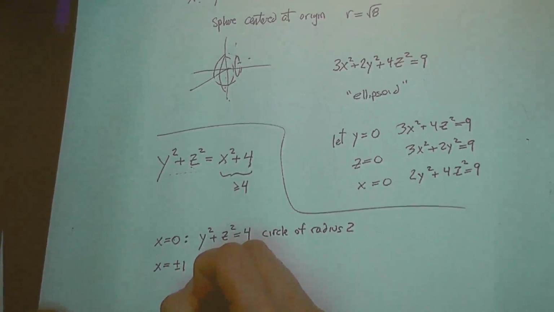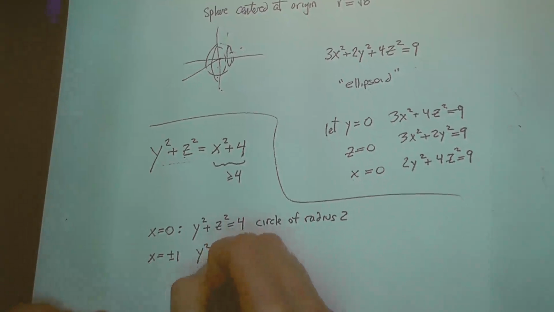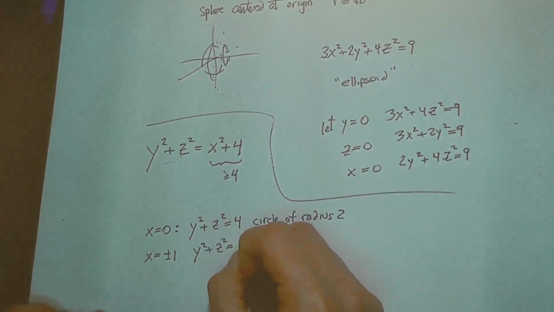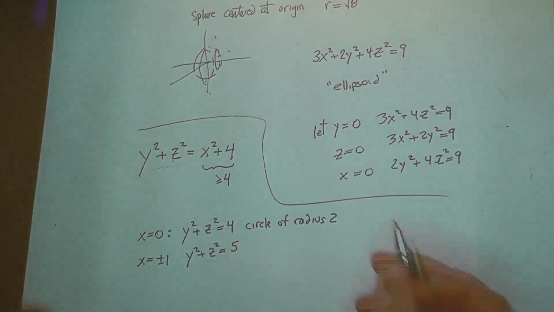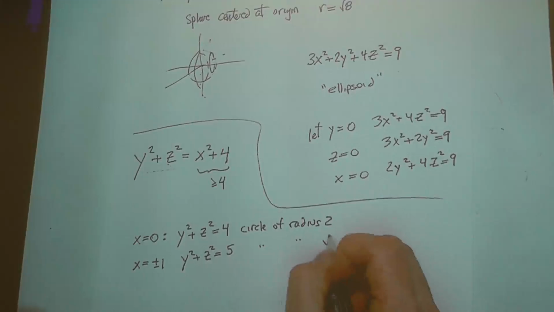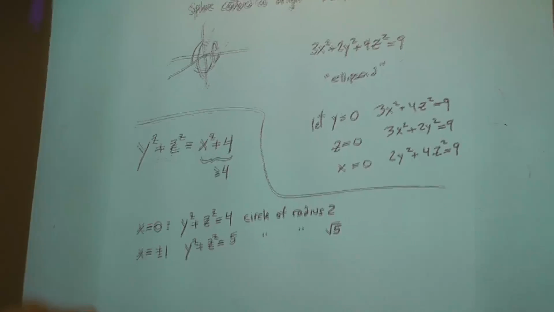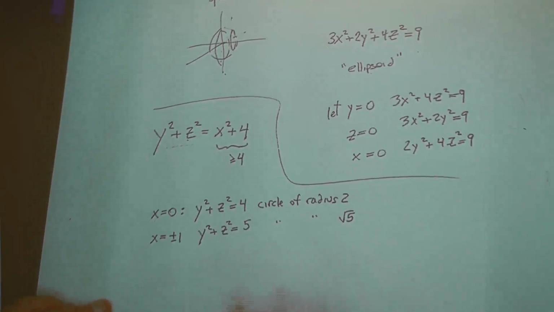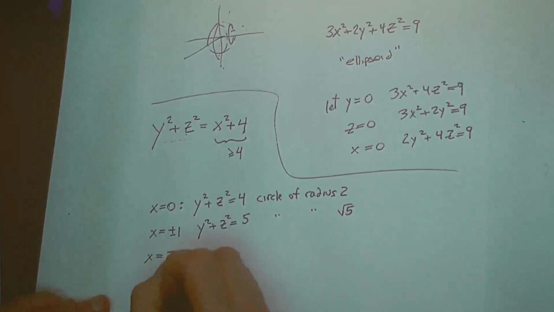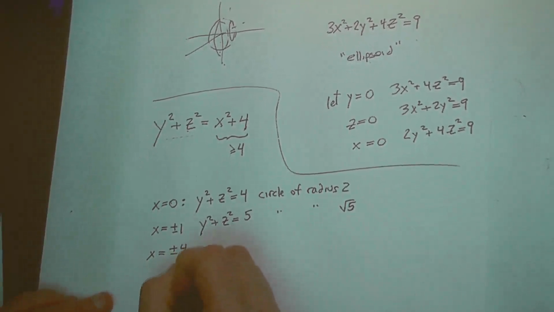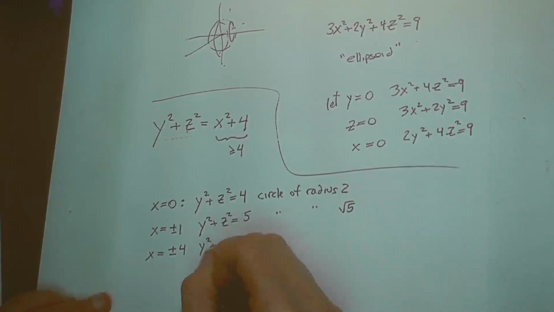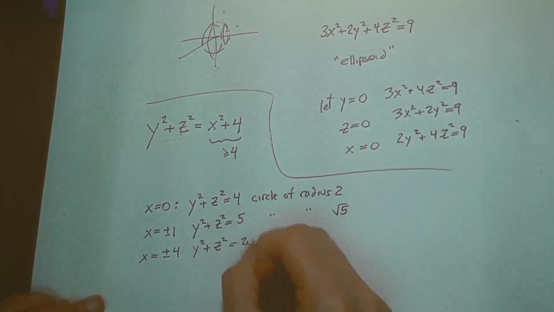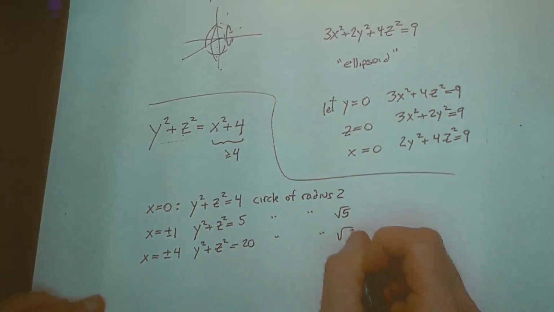I get y squared plus z squared equals 5. That's another circle, but it has a bigger radius. x is plus or minus 4. I get y squared plus z squared equals 20. That's a circle of even bigger radius.